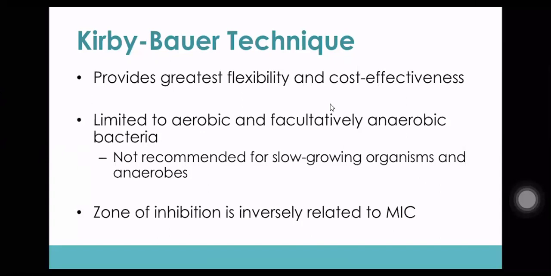This provides the greatest flexibility and cost-effectiveness. It is limited to aerobic and facultatively anaerobic bacteria, and is not recommended for slow-growing organisms and anaerobes. The zone of inhibition is inversely related to MIC.